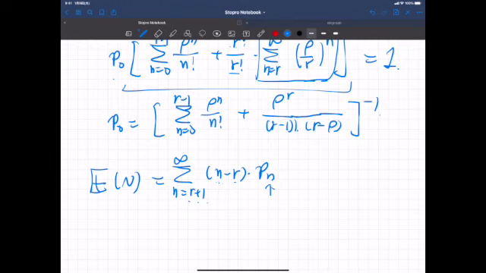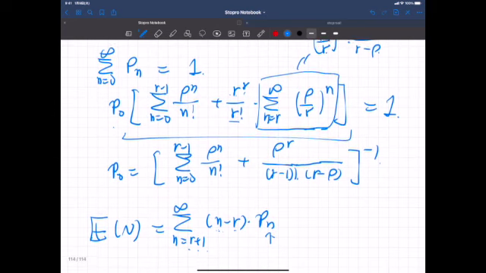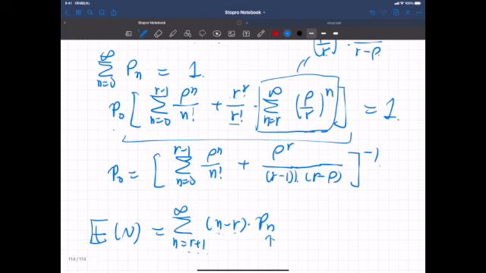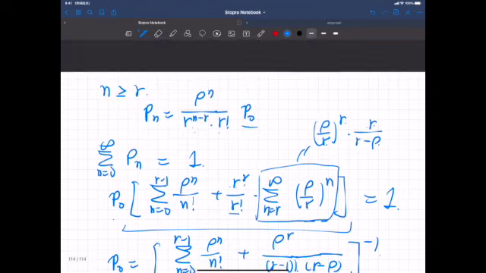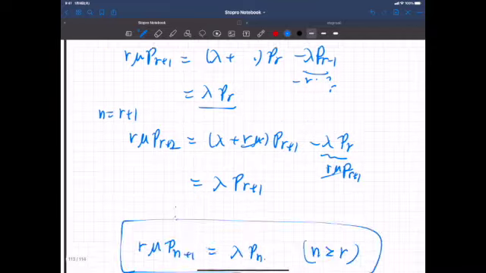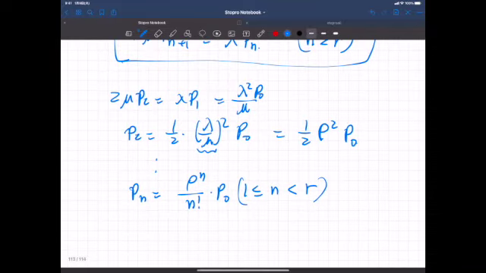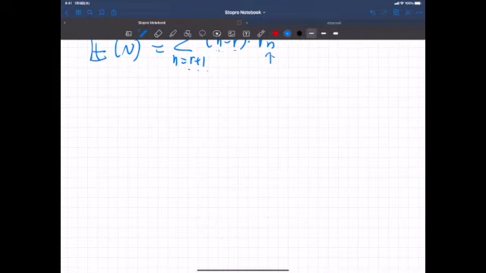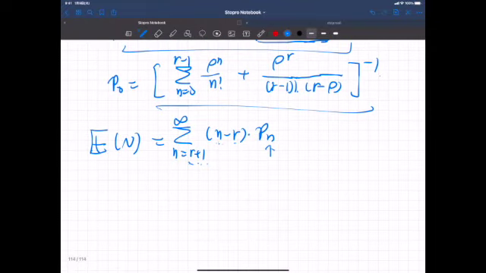Yeah. And this is quite an involved calculation, but the procedure is very clear. We just use this value of p0, and we use these probability mass functions for this. Actually, we don't have to deal with this case because the summation starts from r plus 1. But anyway, the result should be something like this.